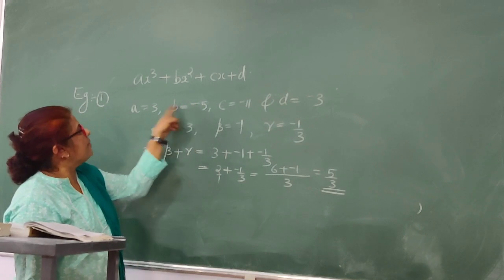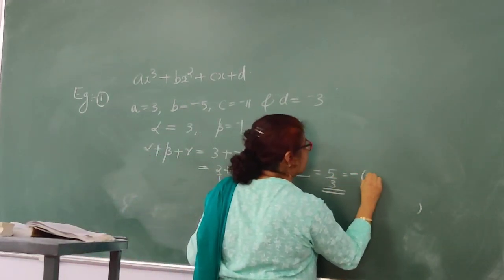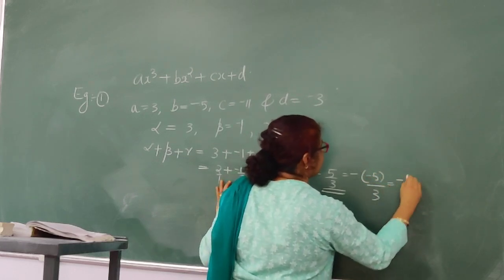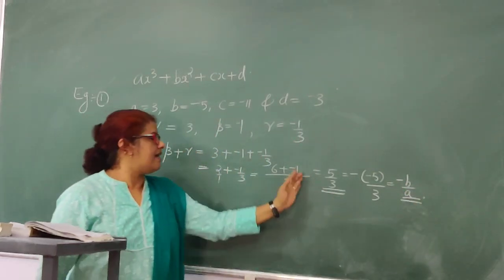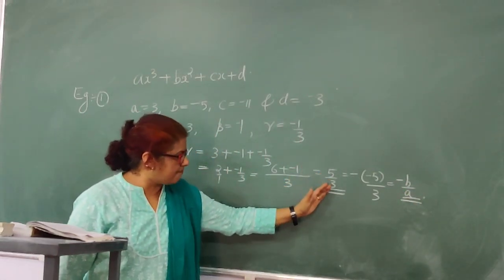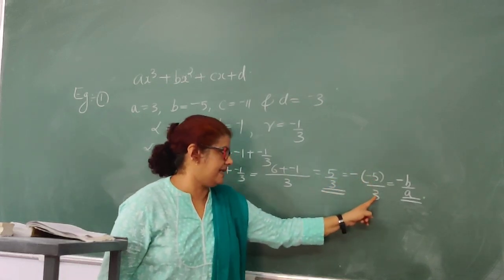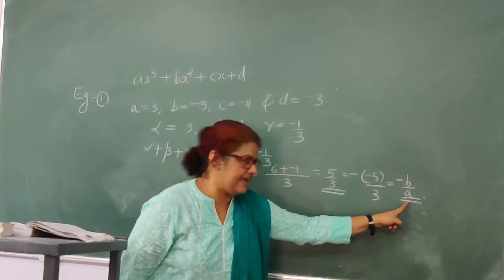Here 5 by 3 we get as minus of minus 5 by 3, which is equal to minus b by a. Verified. Alpha plus beta plus gamma is 5 by 3, which is minus of minus 5 by 3. Minus 5 by 3 is b by a. Then it is minus b by a.